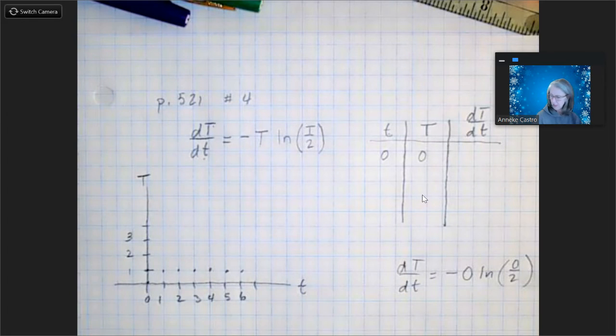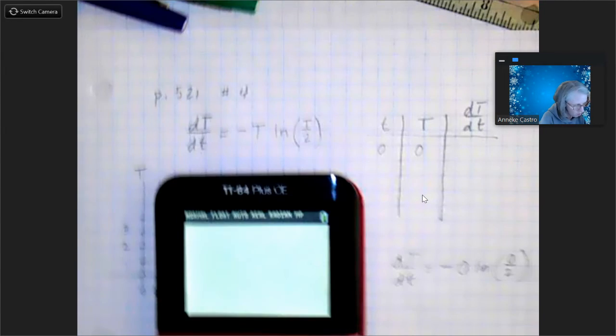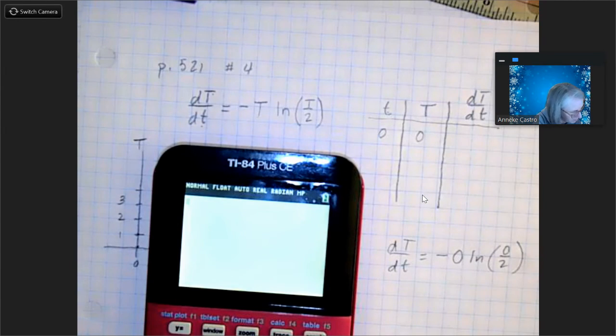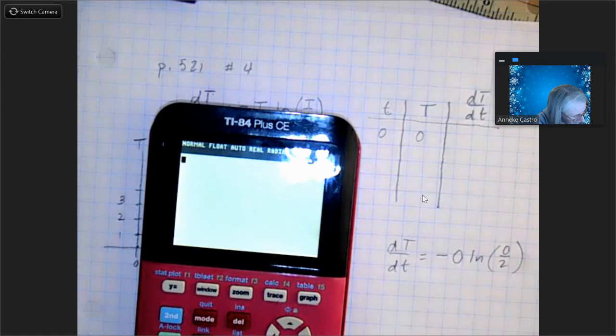I'm guessing the calculator is going to say undefined, but let's just go ahead and do it. Negative 0 is just 0, so I'm going to do 0 times natural log of 0 divided by 2. What the heck? Let's see what it says.